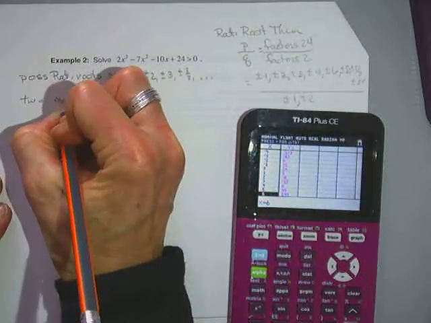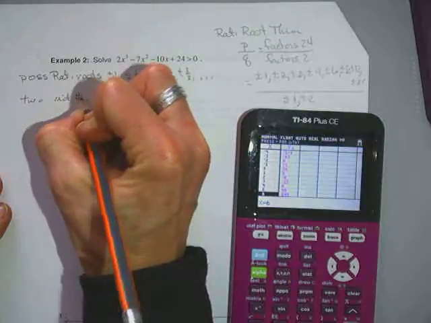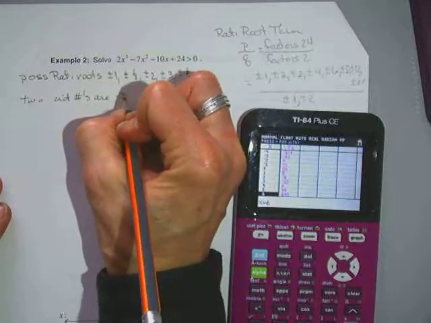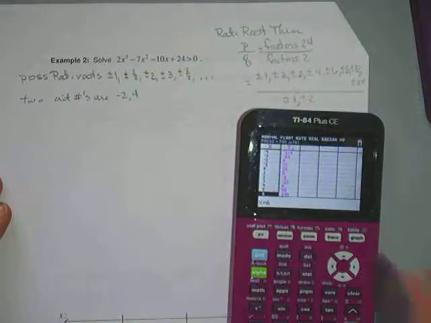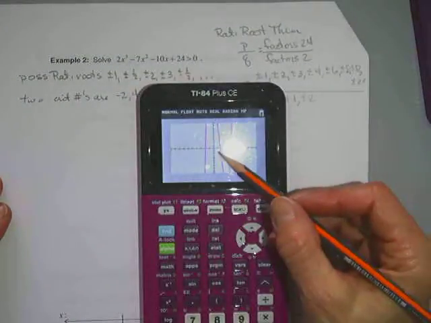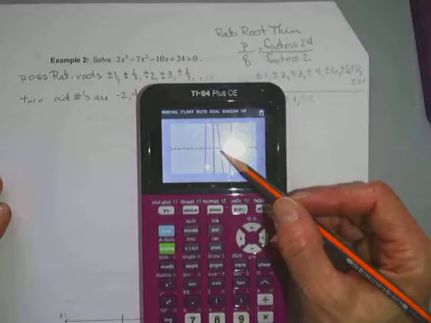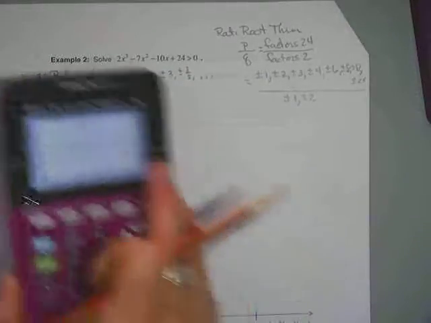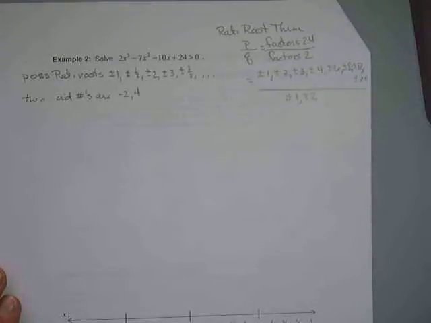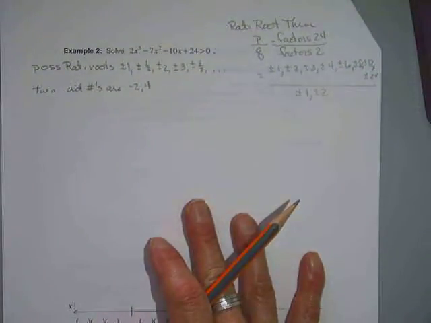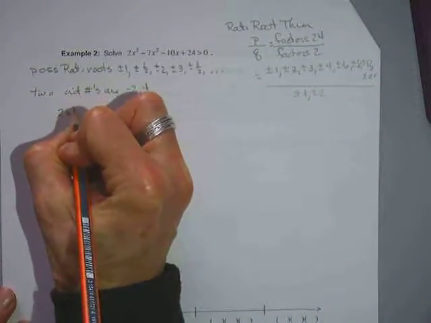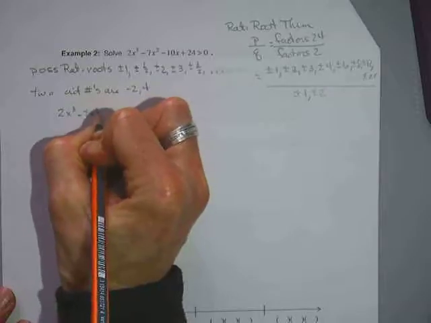If I go to my table, we see for sure at -2 and at 4. So we know 2 critical numbers are -2 and 4. And I need a third one. I don't know if that goes halfway or not.